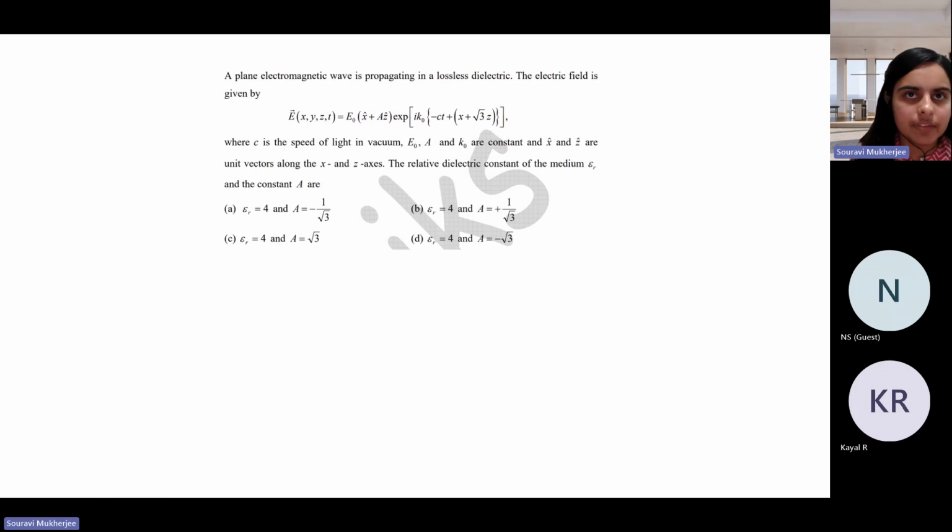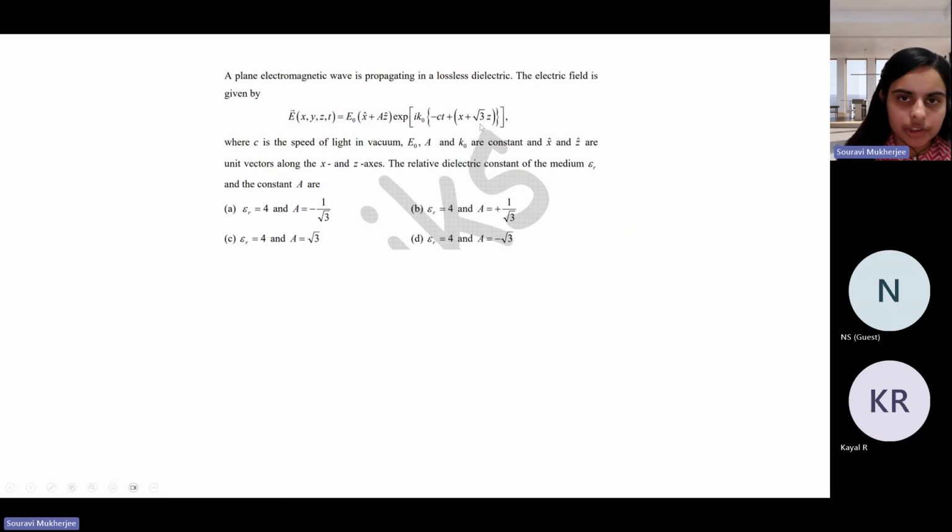And then it should also have some amplitude, and a polarization vector. Polarization vector means the vector along which your electric field is oscillating, right? And it should also have the information about the speed at which the wave is propagating, right? So these are some of the basic informations that your wave expression should give you.